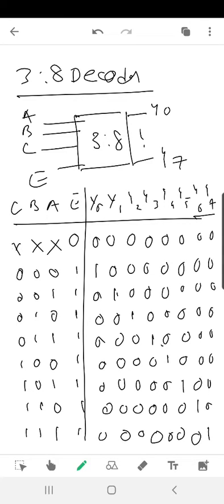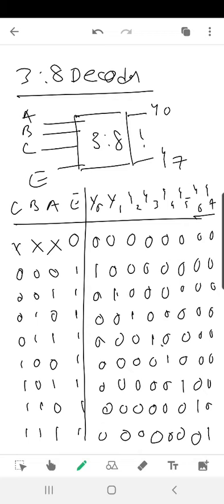So this will be our function table for 3:8 decoder. Now we have designed the function table for 3:8 decoder. So we will require our expressions now. To design the expressions, we will again use SOP form, sum of product, or min term, because it is an active high decoder.